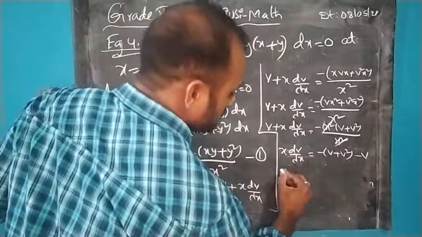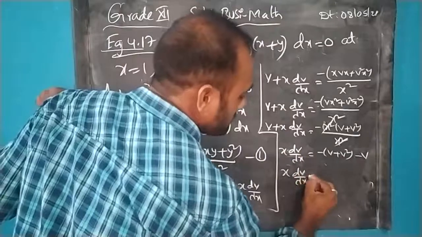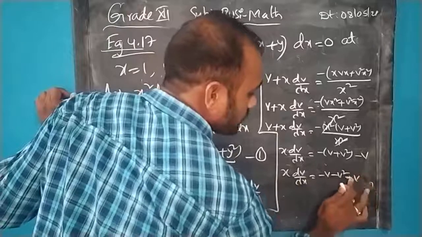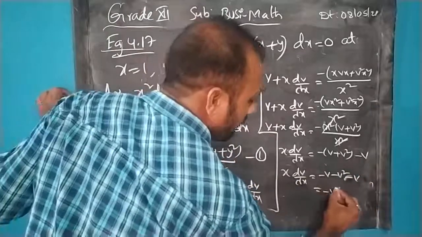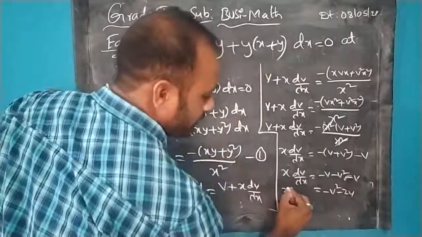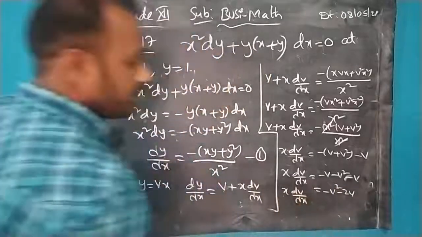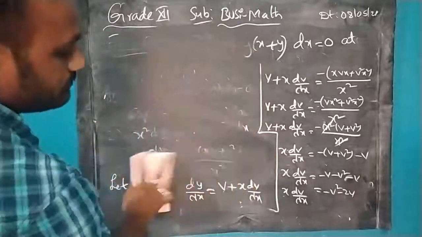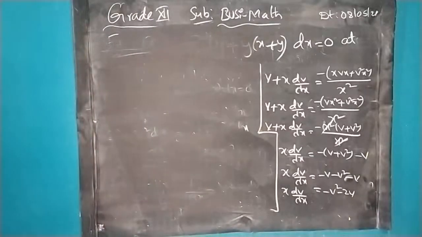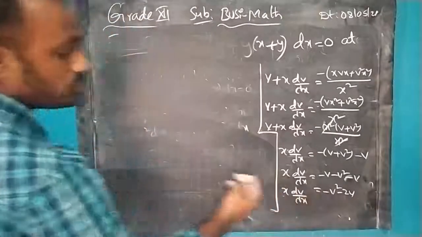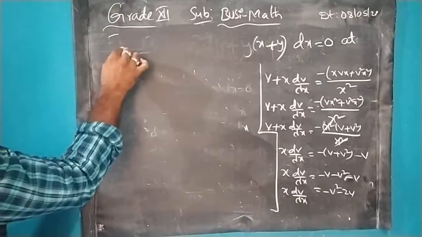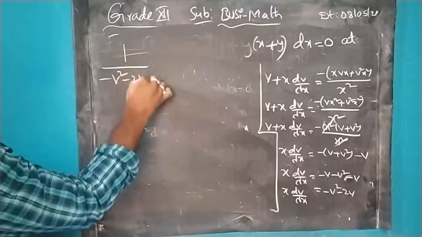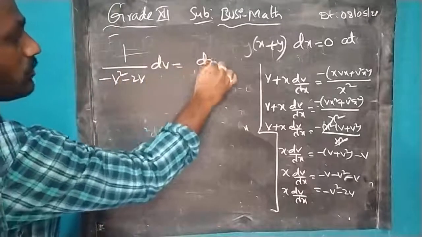Now if I open up the brackets, it will become x dv by dx is equal to minus v square minus v minus v, so it will be minus v square minus 2v. Variable separable method: all the variables on one side, it will become 1 by (minus v square minus 2v) dv is equal to dx by x.